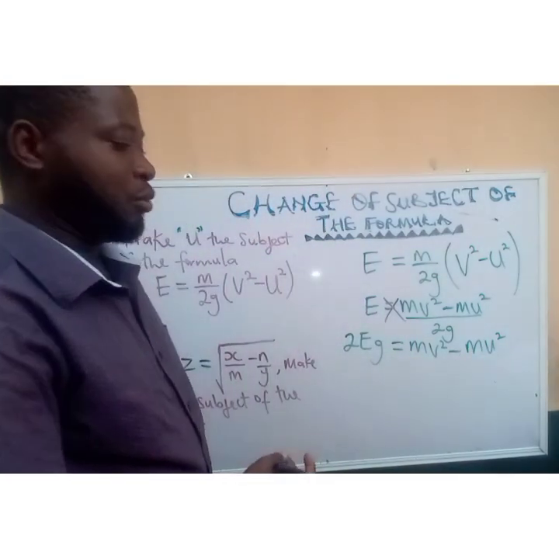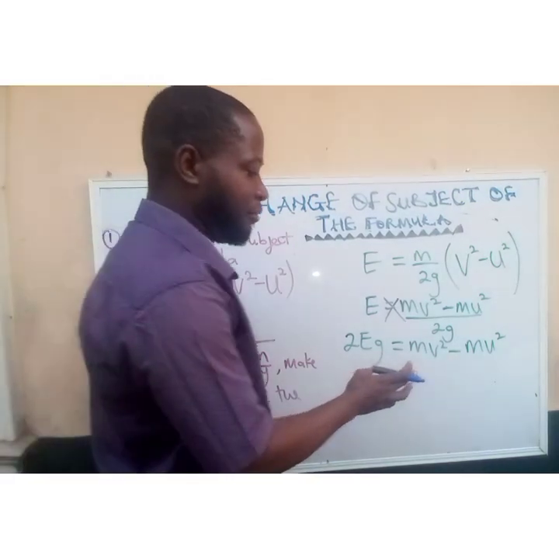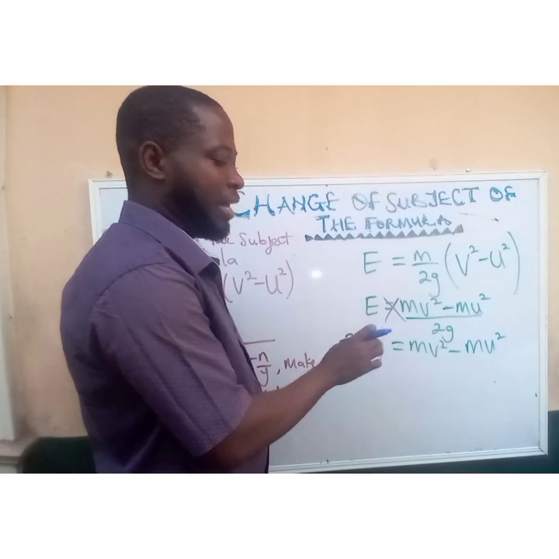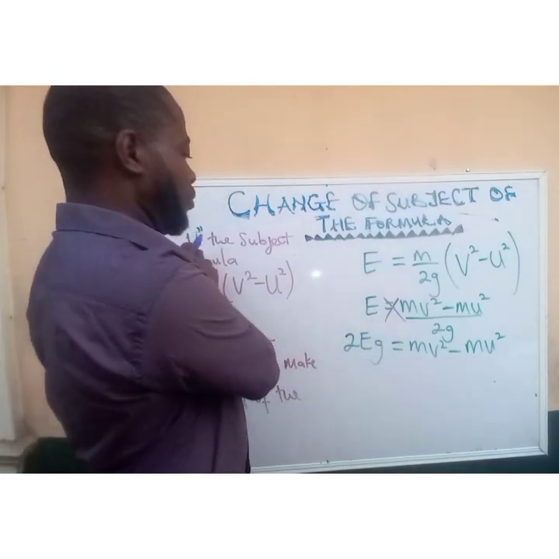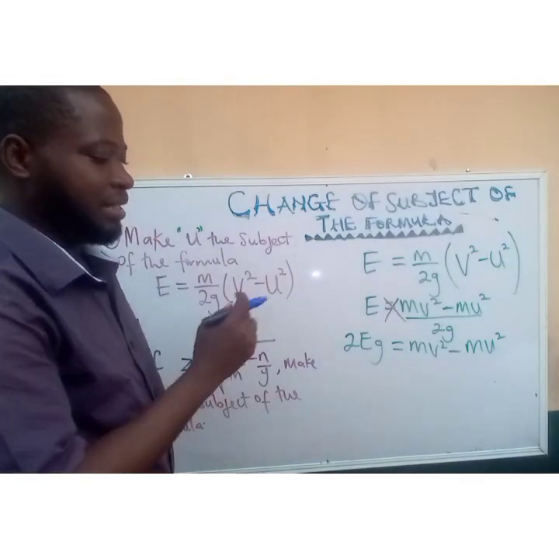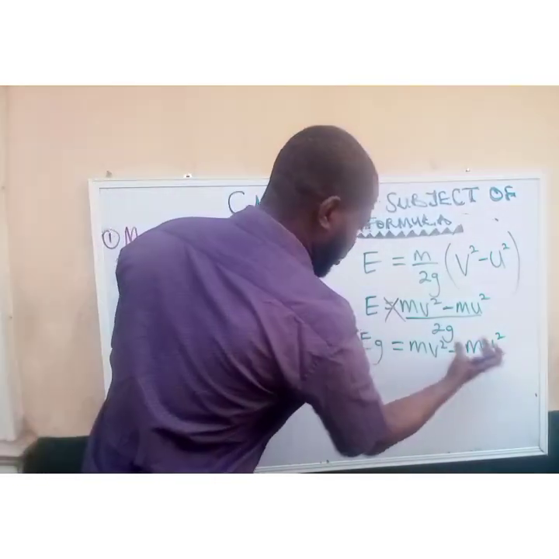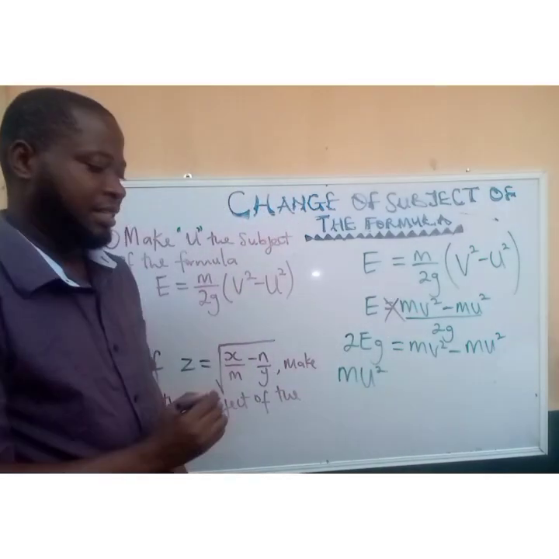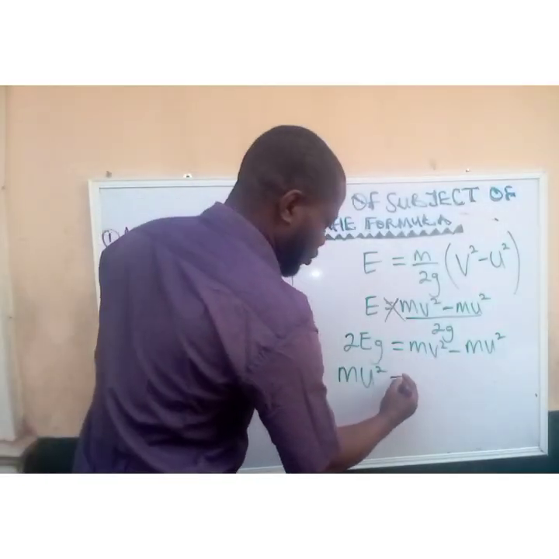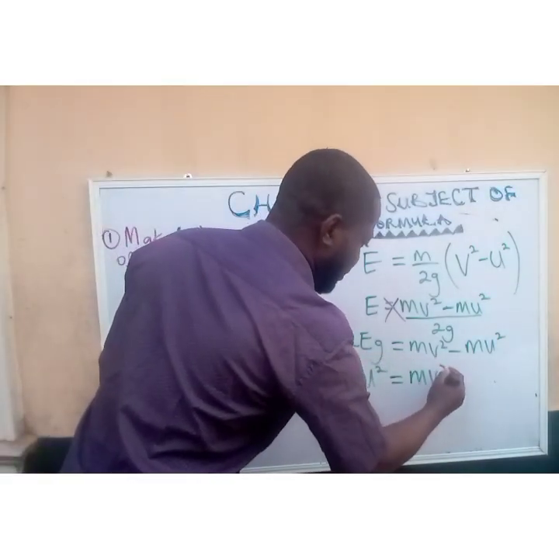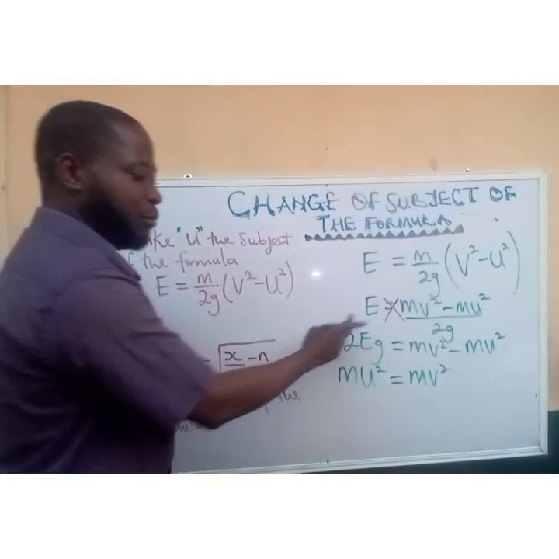I want to make sure that the required subject, which is U, has a positive sign. So let me rearrange. Let me bring this to this side. If I bring it to this side, it is going to have a positive sign. So MU square, then this one will remain at this side, MV square, then this will move to this side.